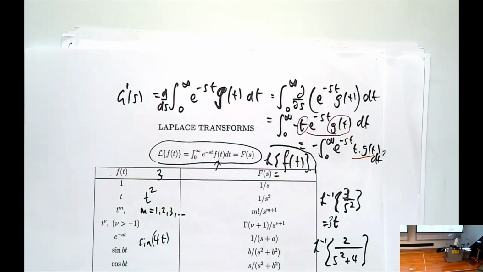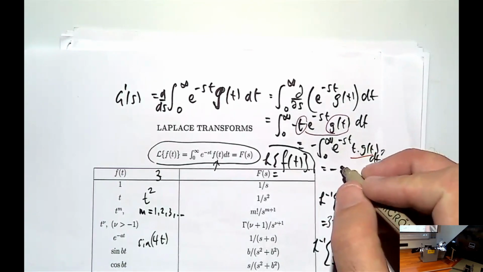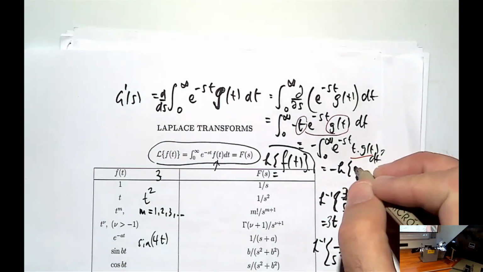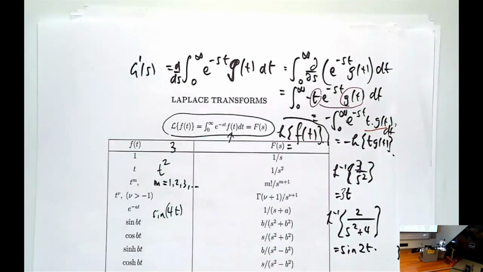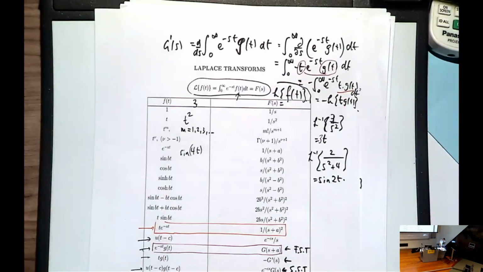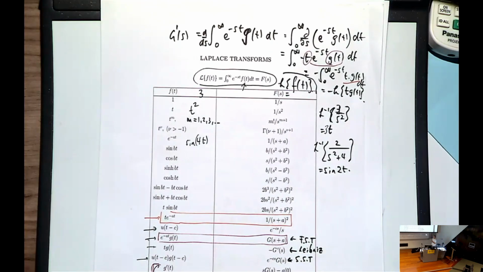Okay? So let's relate it back to what we have on our table down here. So to prove that, we've used Leibniz rule. So how good's that?